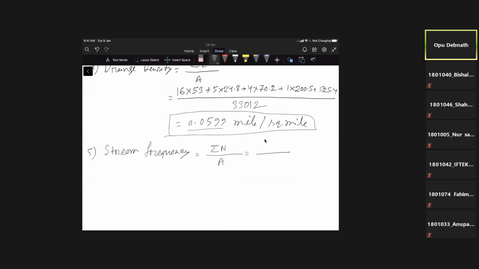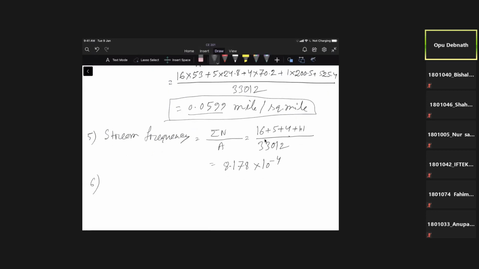The area is 33012, and the number of streams is first order 16, second order 5, then 4 plus 1 plus 1. That means a total of 27. So 27 divided by this will be 8.178 into 10 to the power of minus 4.